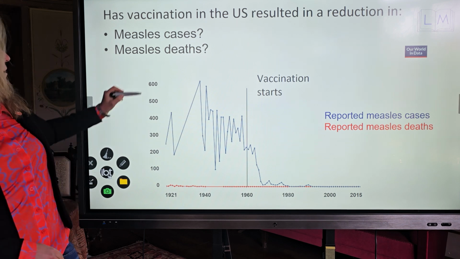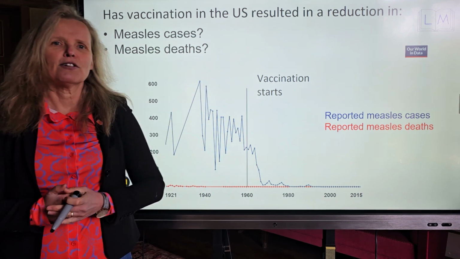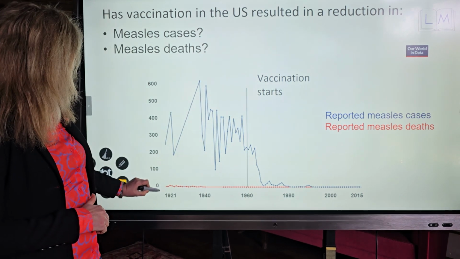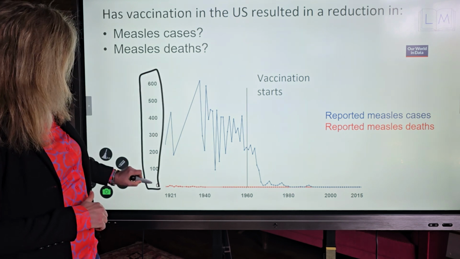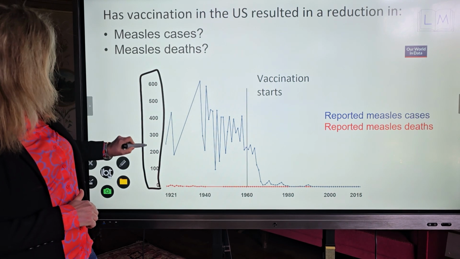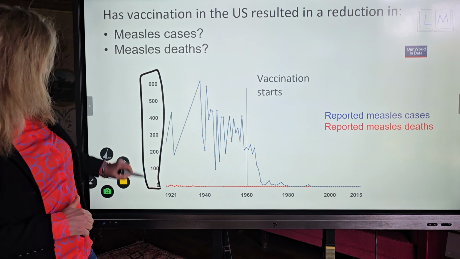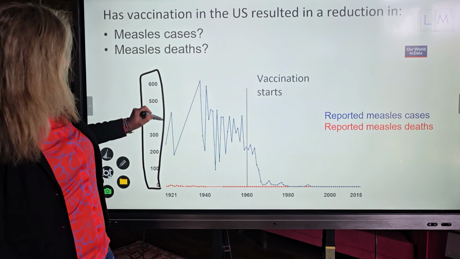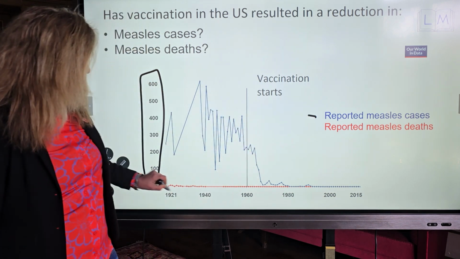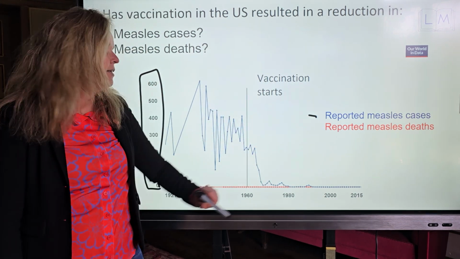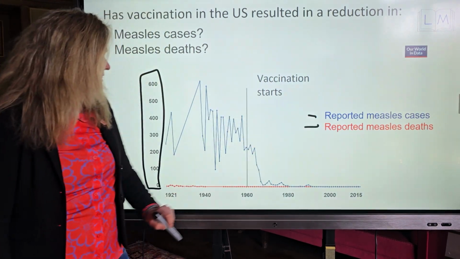But now, same graph, same data, but look, this is a linear scale. So it's 0, 100, 200, 300, 400, 500, 600. Again, the blue thing is the reported cases. The red line are the reported measles deaths.